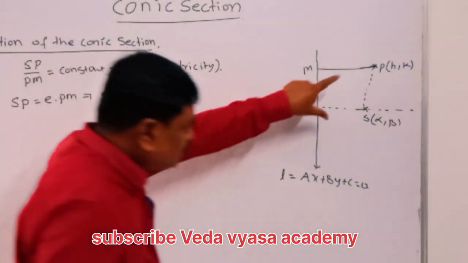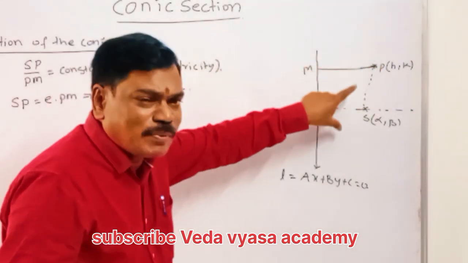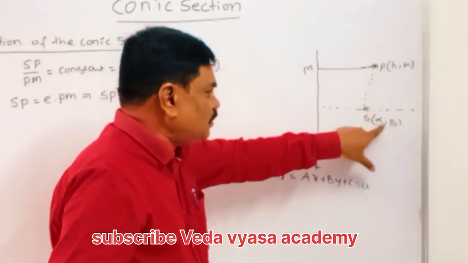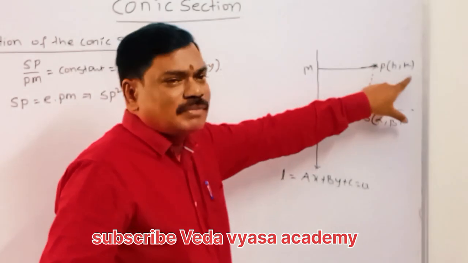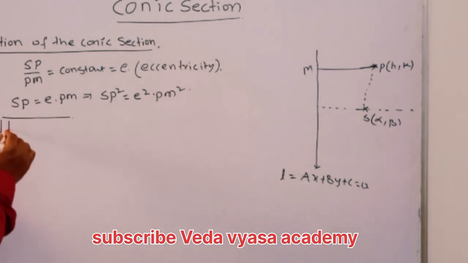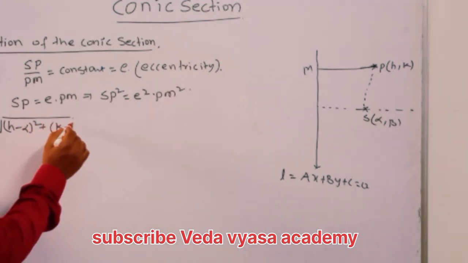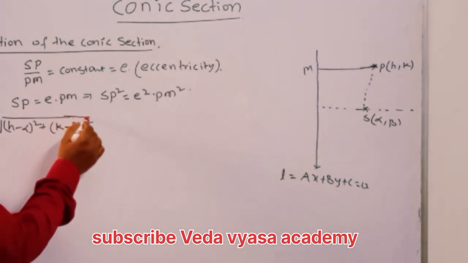The distance between these two points, S(alpha, beta) and P(h, k), is root over (h minus alpha) whole square plus (k minus beta) whole square.